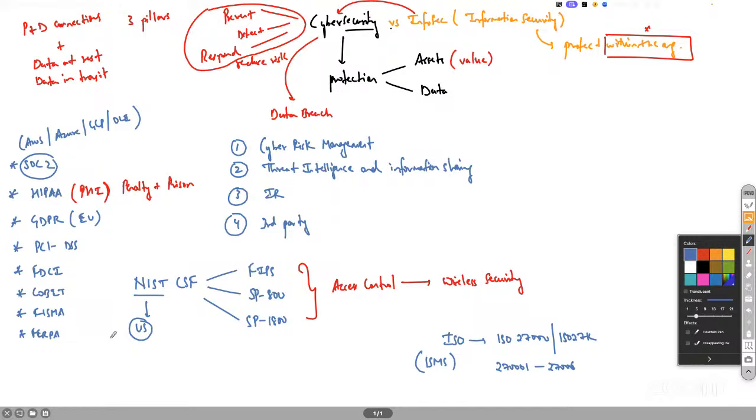Okay, so I've given you lots of frameworks, consider it to be your homework. Read through them, go through them, bookmark a couple of them. These two are more essential. You would see these two a lot generically. And then if you're dealing with cloud and everything, then SOC 2 becomes important.